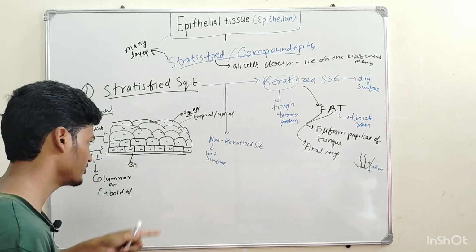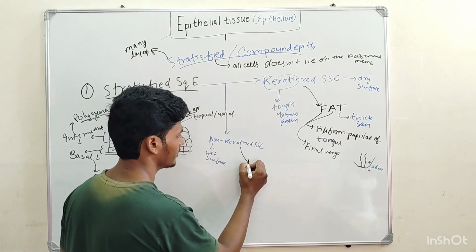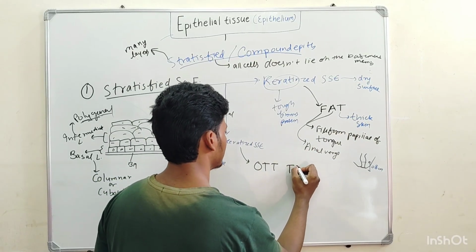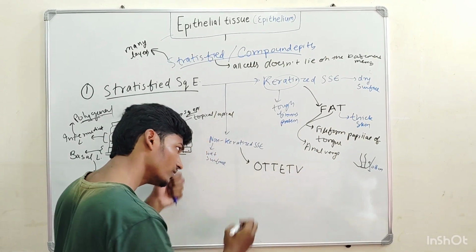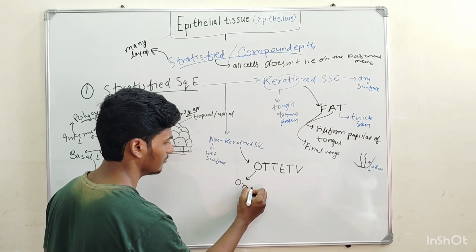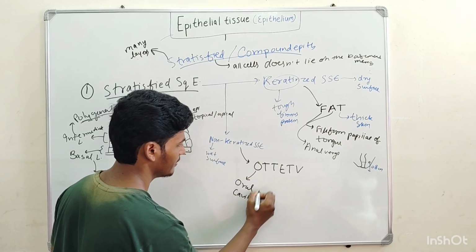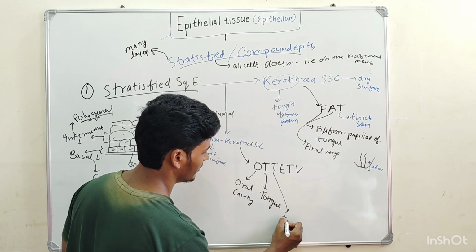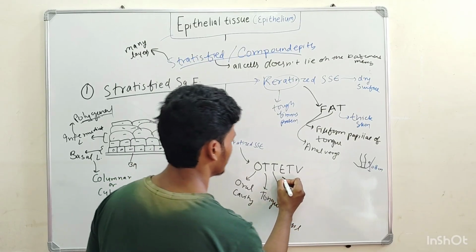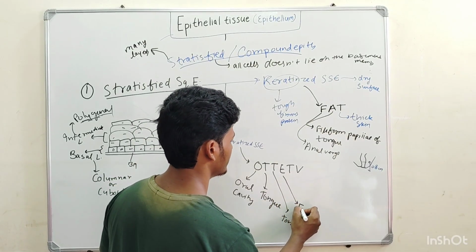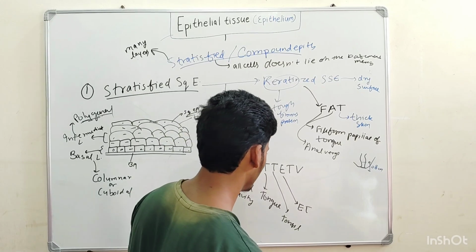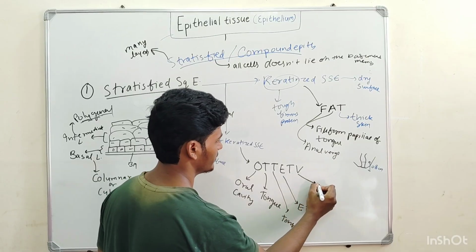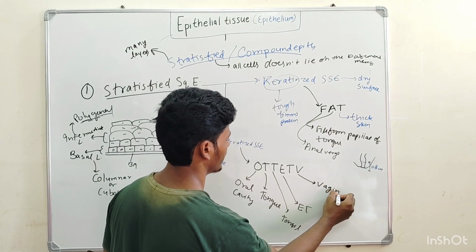So let's talk about examples of non-keratinized stratified squamous epithelium. You can easily remember it with a trick, that is OTTEV, where O stands for oral cavity, T for tongue, another T for tonsil, E stands for eustachian tube, V stands for vagina.